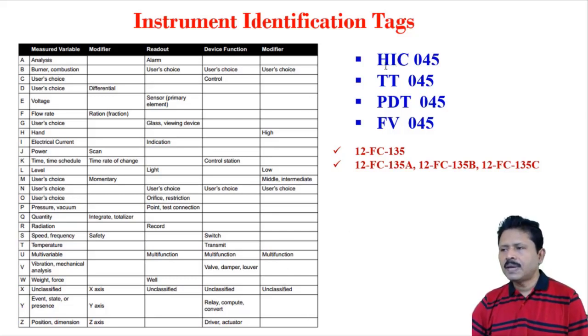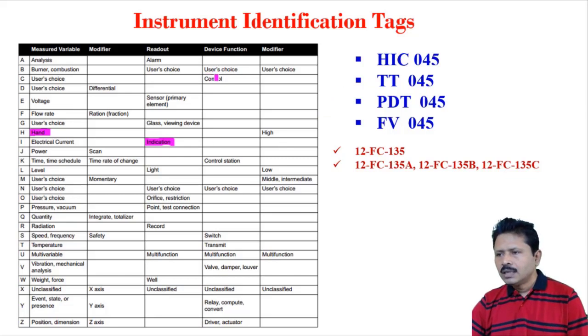Say for example, this is HIC 045. This is hand indicating controller or hand indicator controller. H is in first place, so it indicates hand. Now I can be in first place or third place. In this case it is not in first place, so I has been used here as a third position, a secondary device used as an indicator.